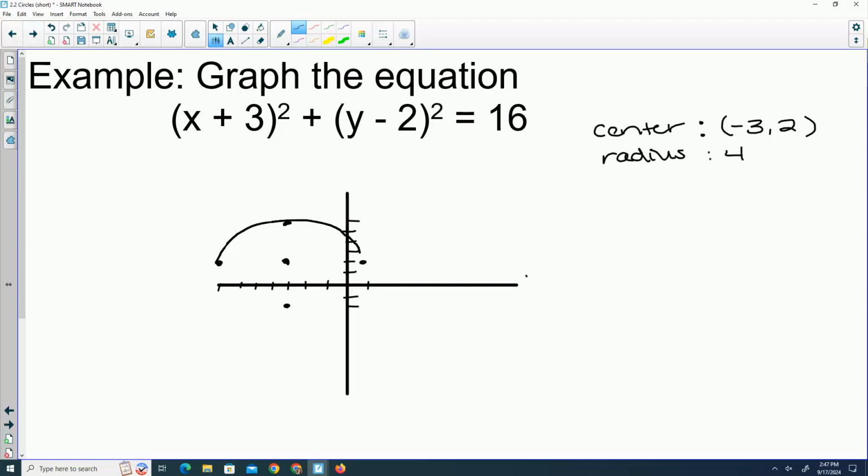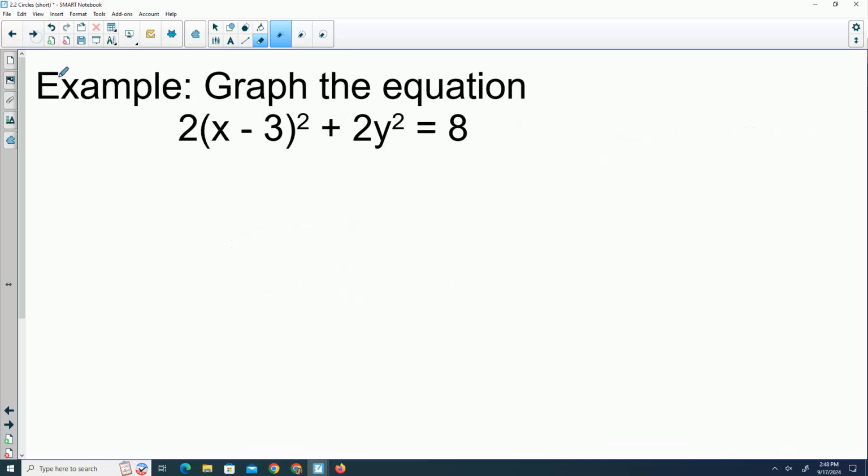And I'm not much of an artist on here, but hopefully we can kind of see our circle there. If you want to graph it, you have to find the center and the radius, and then go from there. Is that one okay?